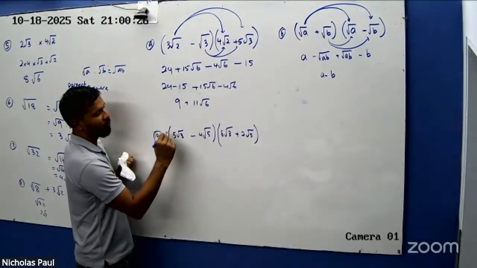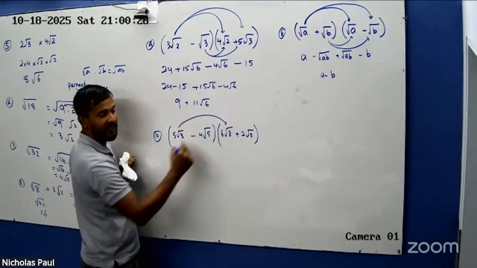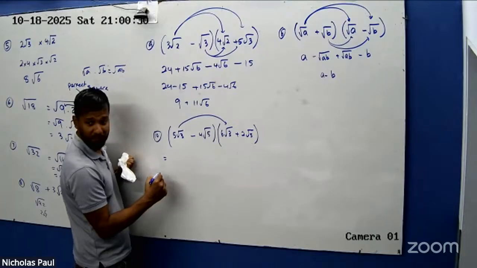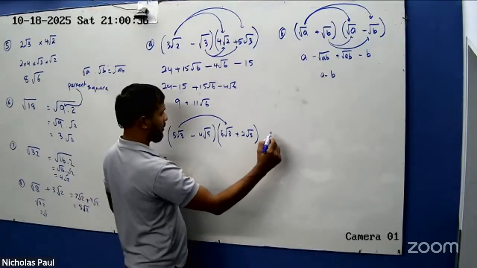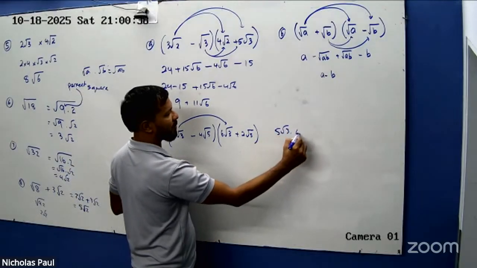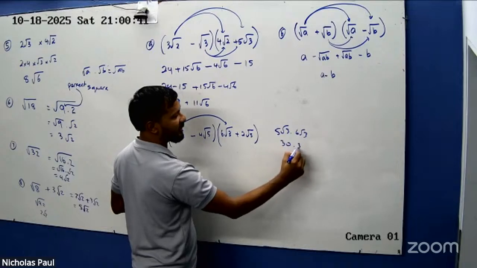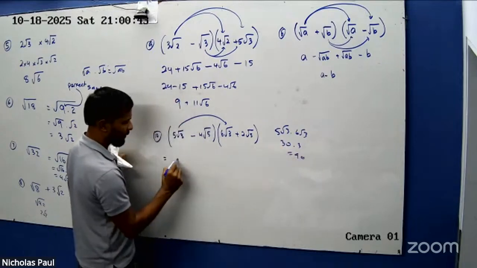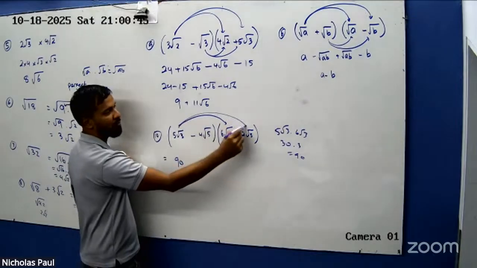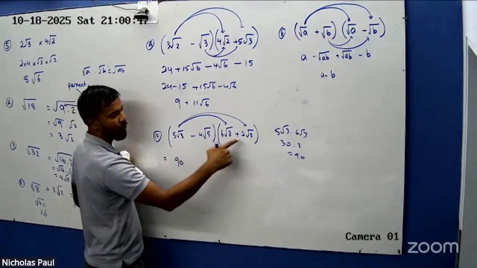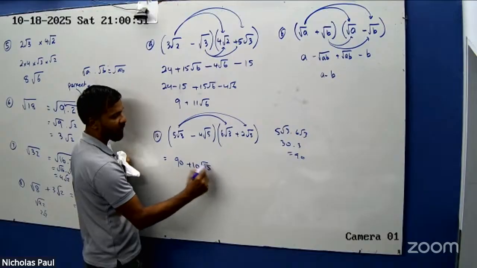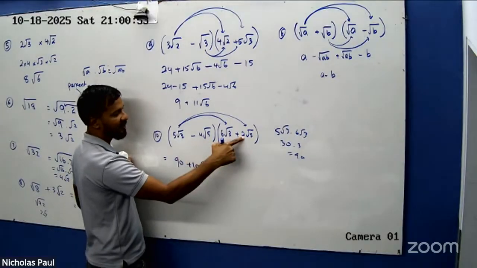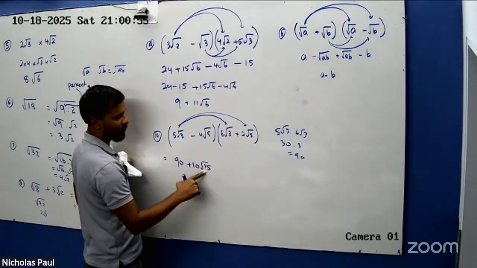So Kidan, what do you think 5 root 3 by 6 root 3 is? 5 by 6 is 30, 30 by 3 is 90. Then 5 root 3 by 2 root 5 is 10 root 15. 5 by 2 is 10. Root 3 by root 5 is root 15.